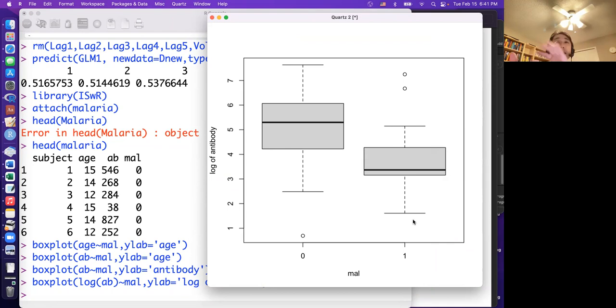But this is compared to logistic regression, which is the analysis the other way. Logistic regression explains malignancy as the response by the predictor variable. Here it looks like malignancy is the predictor and we explain the log of antibody, but we do it the other way around.